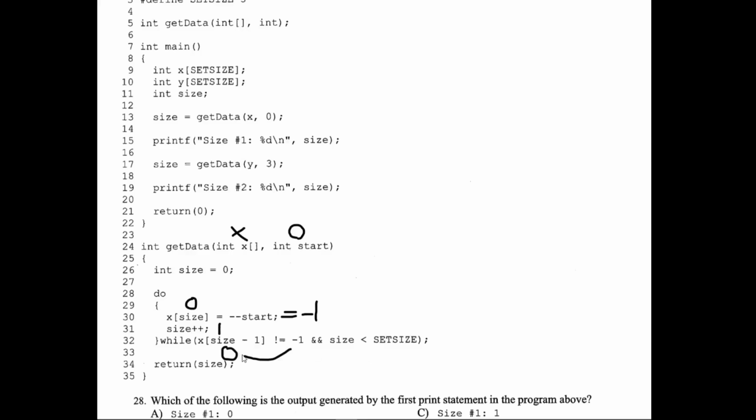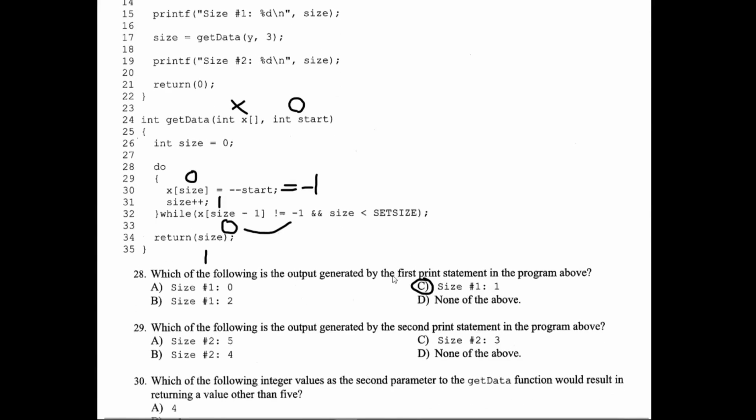As we said, it is equal to -1, so the do while is going to stop and return size, which right now is in fact 1. So size is equal to 1, and then it's going to print that. And we can see that that is answer choice C.